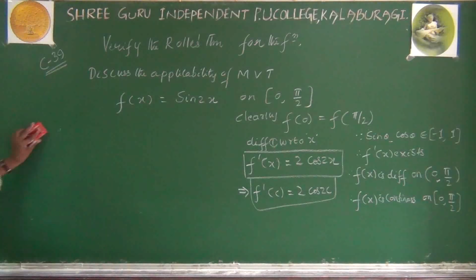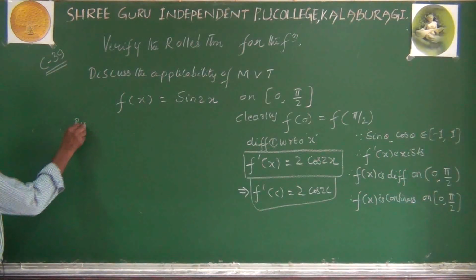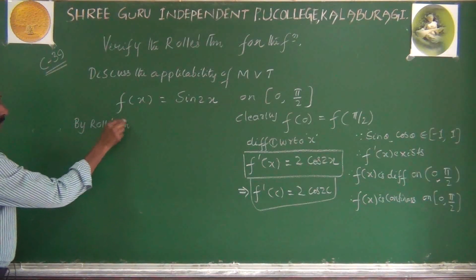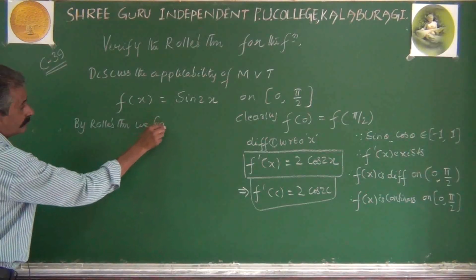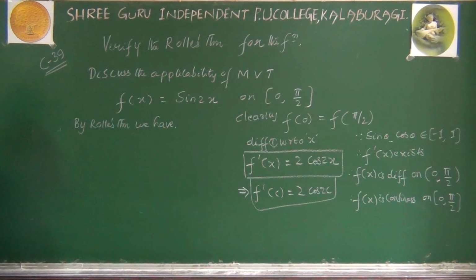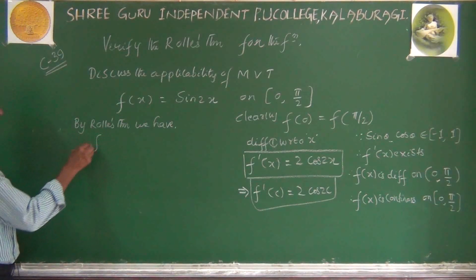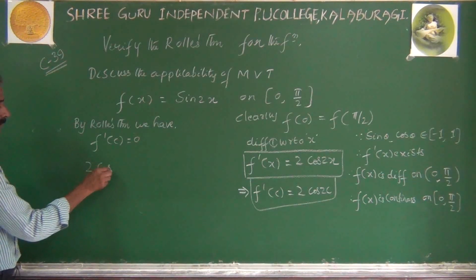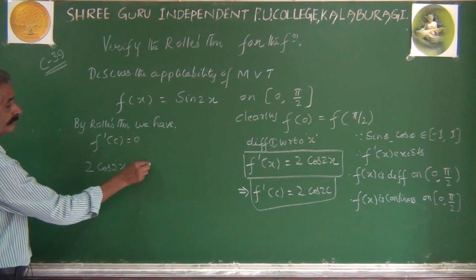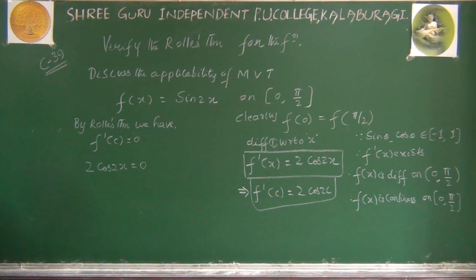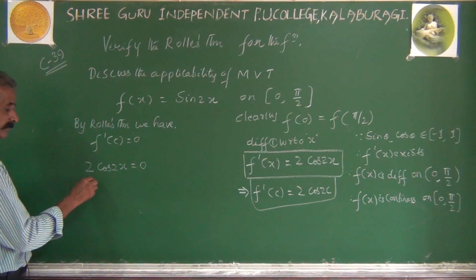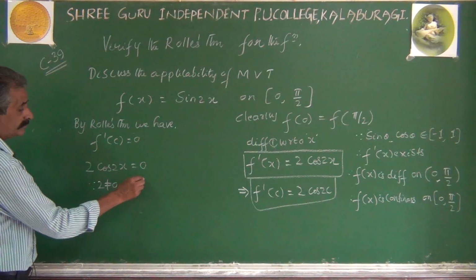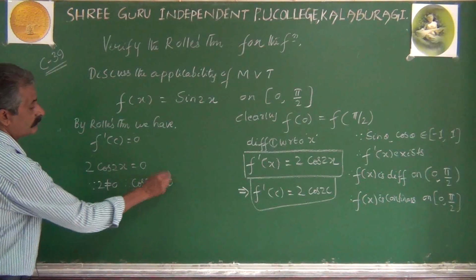Let's apply Rolle's theorem. By Rolle's theorem we have, f dash of c must be equal to 0, means 2 cos 2x equal to 0. Since 2 is not equal to 0, therefore cos 2x has to be equal to 0.